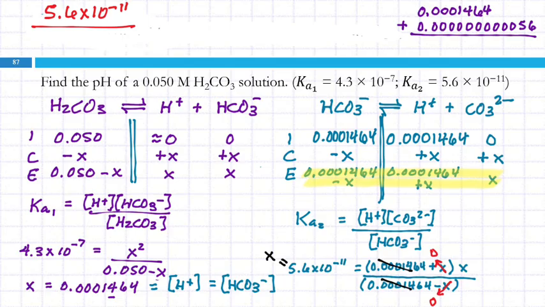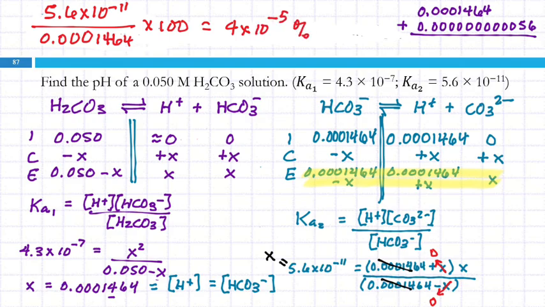So I'm going to divide by 0.0001464, multiply by 100, and I got 4 times 10 to the minus 5th percent, which is far, far less than 5%. So this is the check on X is small.